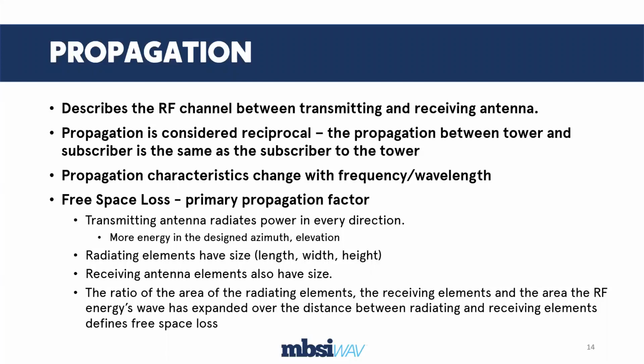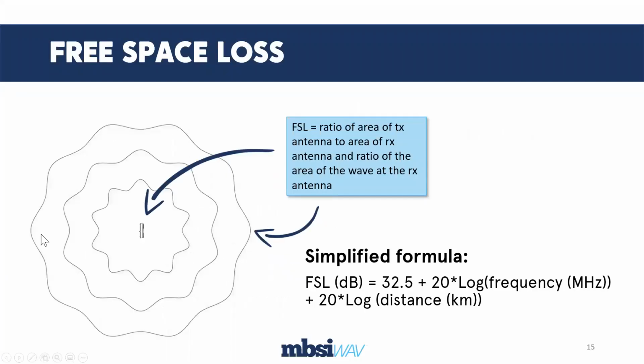So free space loss, its definition is the ratio of the radiating elements, the receiving elements, and the area of the RF energy's wave has expanded over in the distance between the two antennas. I have a simple little graphic here.